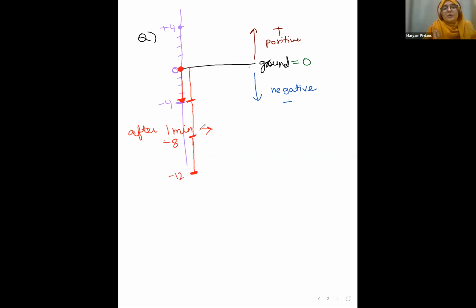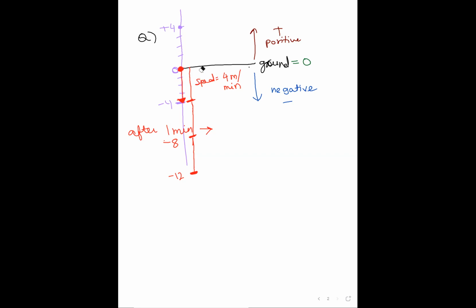Yes. So what are you doing basically? You are saying that the speed is equal to 4. Can I explain? Yes, of course, go ahead.